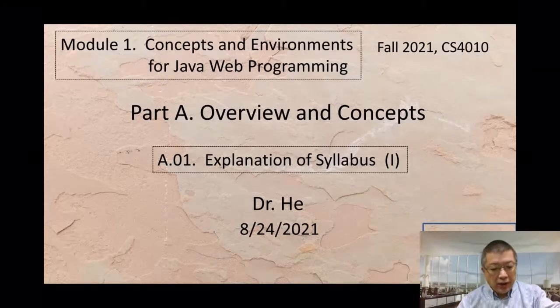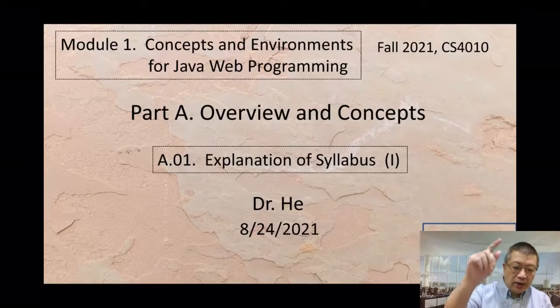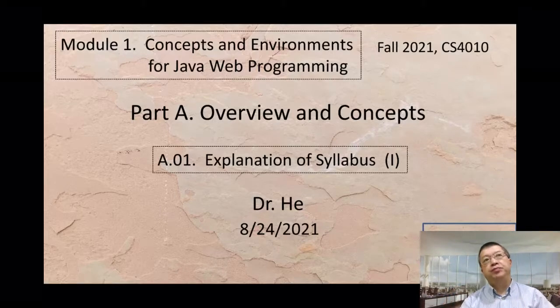I will use parts A, B, C, D to organize the materials in this module. Each part corresponds to one lecture. Our first lecture, part A, is titled Overview and Concepts.